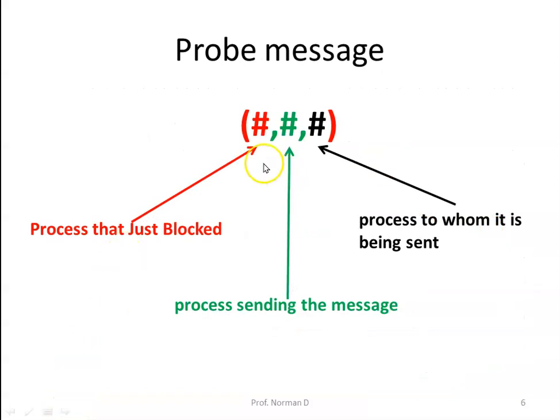So here is the probe message. We have three parameters in the probe message: the first parameter refers to the process that just blocked, the second parameter refers to the process sending the message, and the third parameter refers to the process to whom it is being sent.